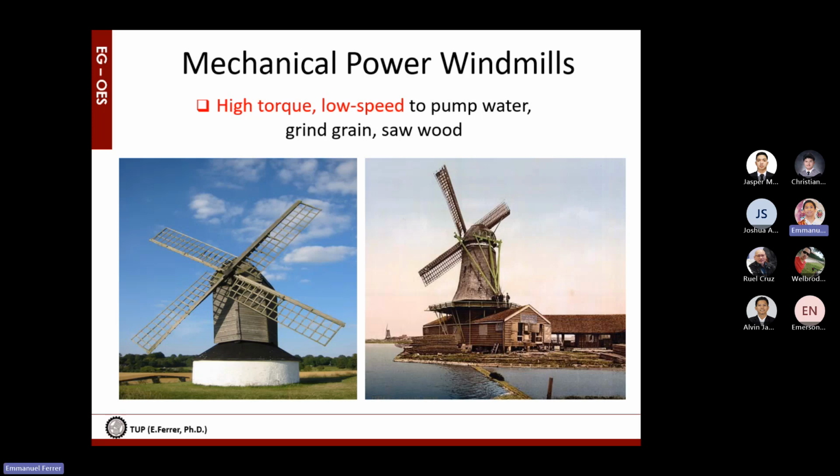Nakita niyo talagang mabagal pero malakas, no? So essentially to pump water, sa milling, grinding grains, and cutting of wood.